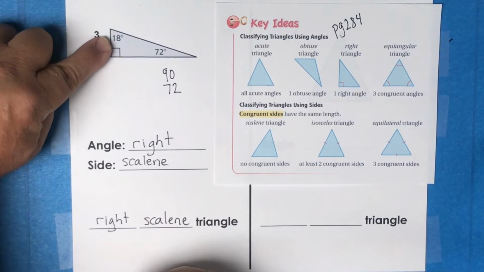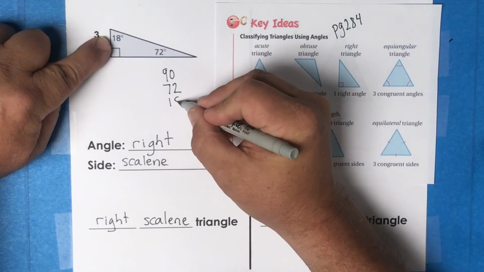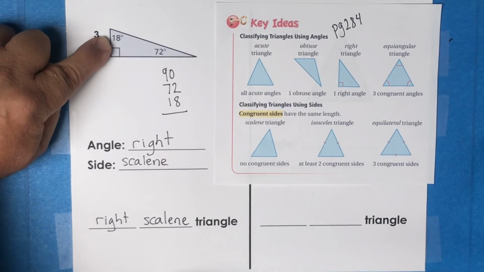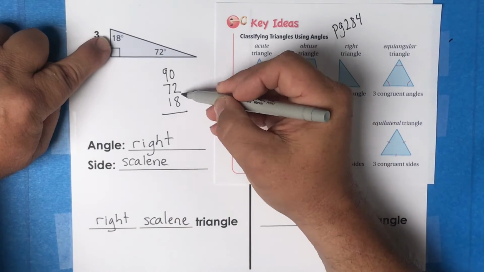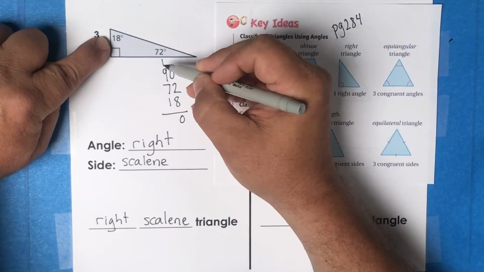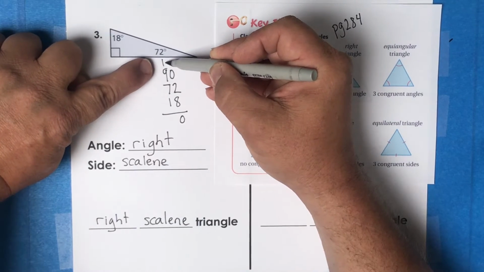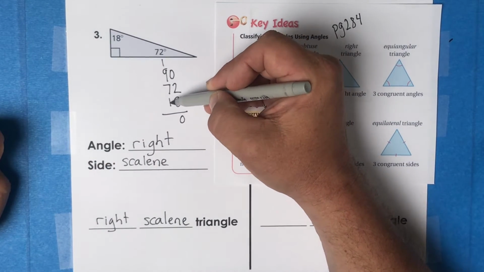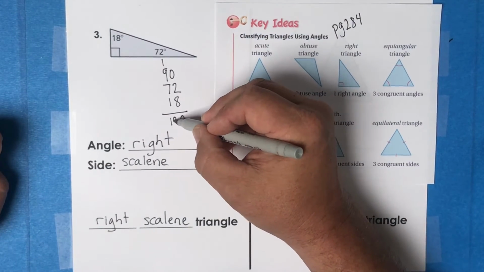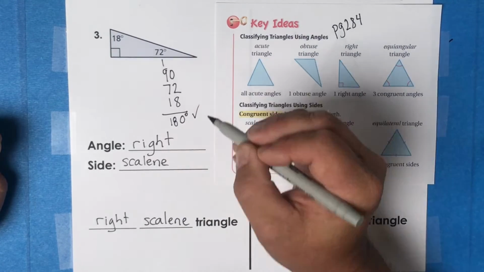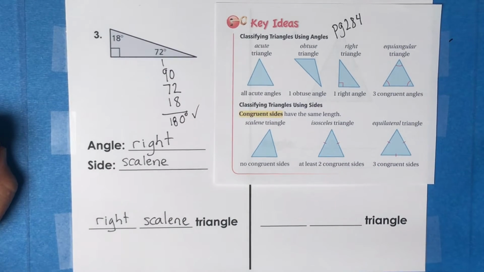And we know that this is an 18-degree angle. So if we add those 3 angle measurements up, it should add up to 180 degrees. 8 plus 2 is 10. We carry our 1. 9 plus 1 is 10. Plus 7 is 17. Plus 1 is 18. And all 180 degrees are accounted for.